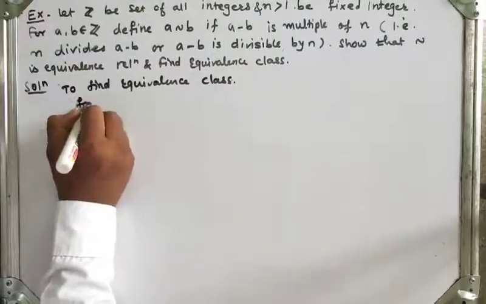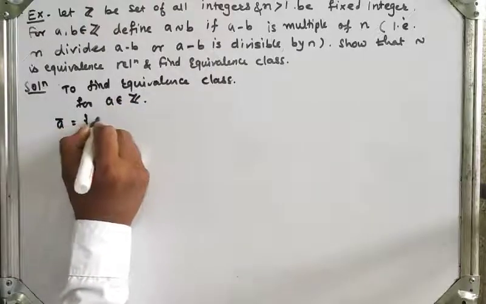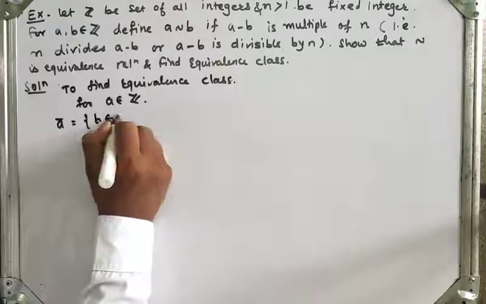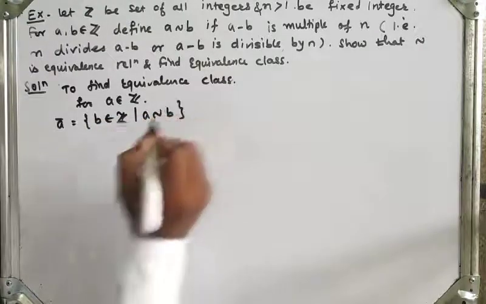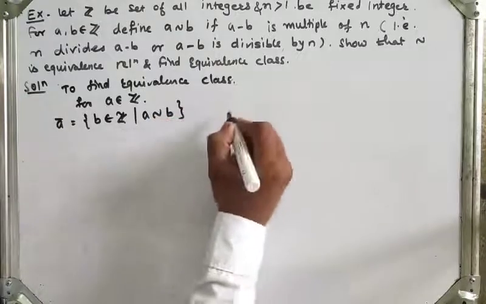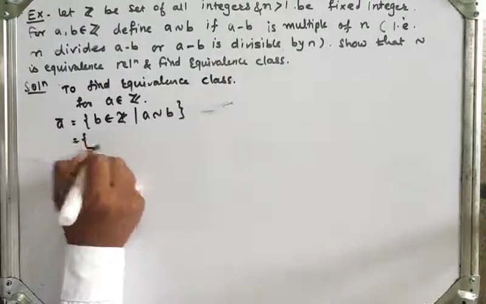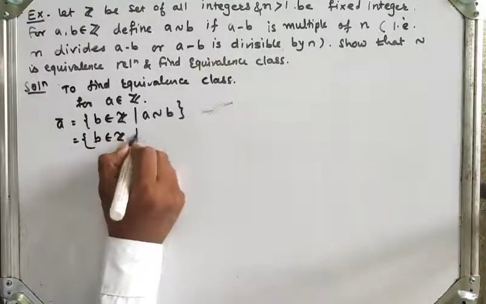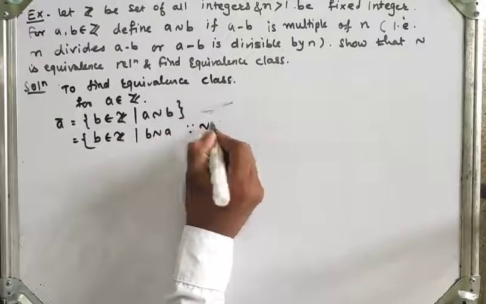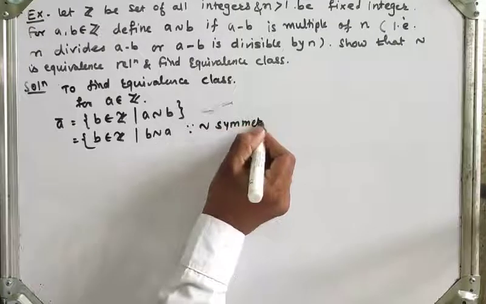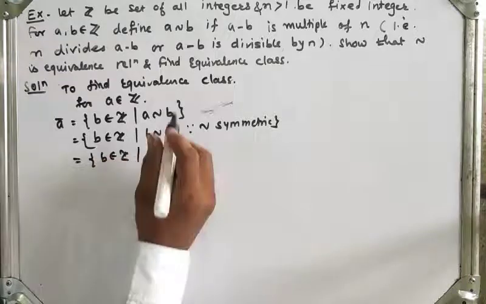For A belonging to the set of integers, the equivalence class of A is the set of all those elements B belonging to the set of integers such that A is equivalent to B. Now tilde is symmetric, so I can write it as the set of all those elements B belonging to the set of integers such that B is equivalent to A.